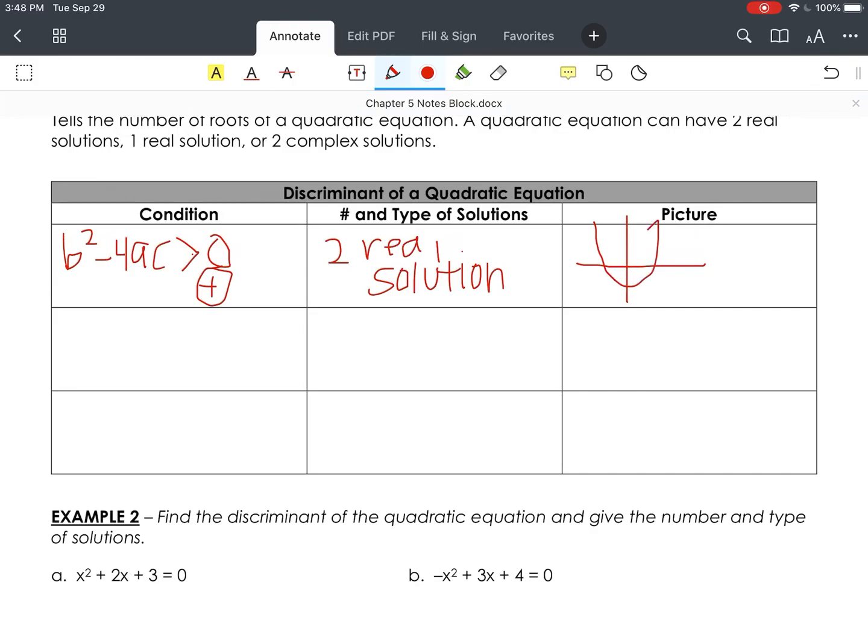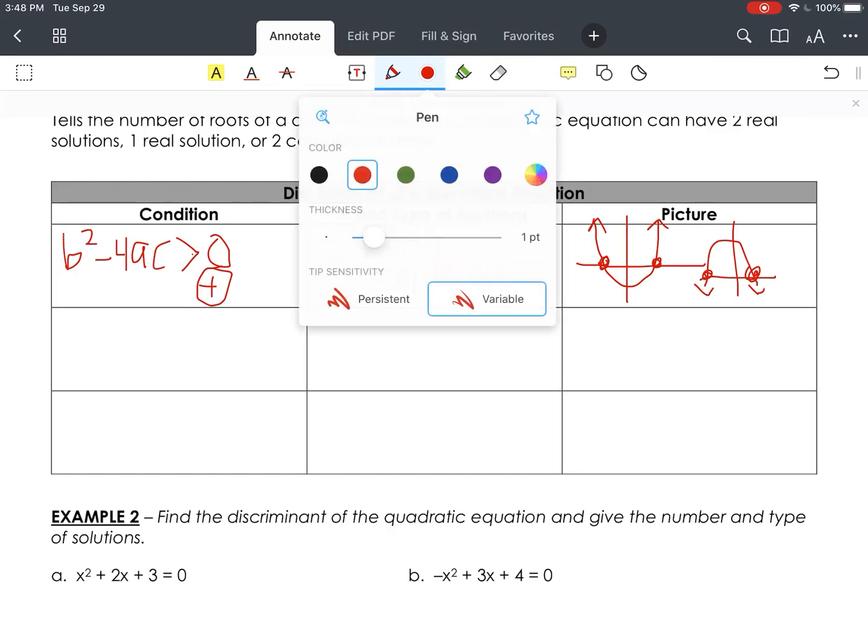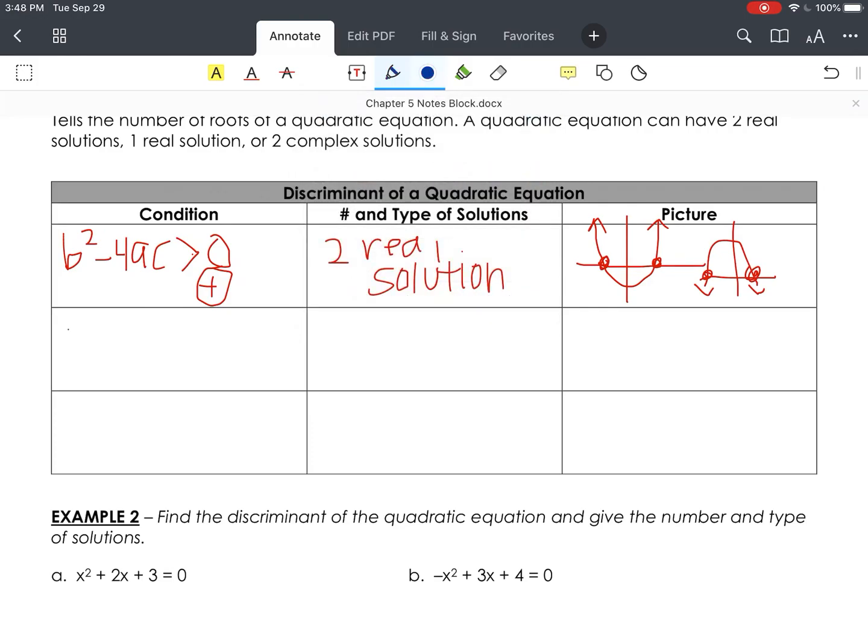So that means I have to cross the x-axis 2 times. It could be upward facing and cross the x-axis 2 times. It could also be downward facing and cross the x-axis 2 times. But either way, you're going to be crossing the x-axis 2 times if your discriminant is positive.